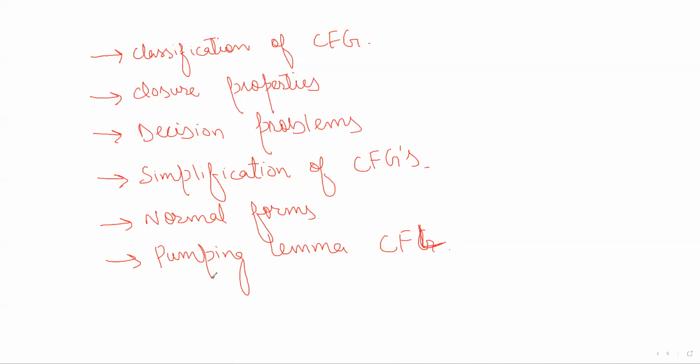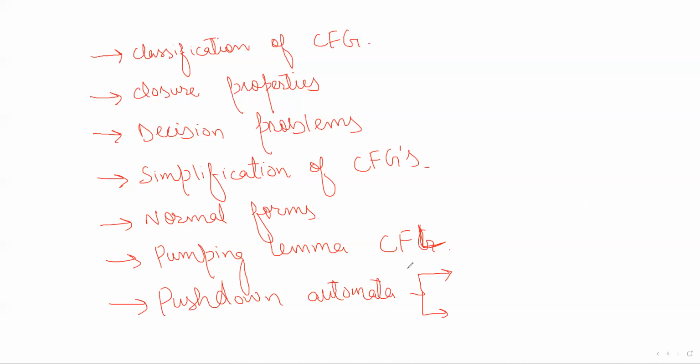The pumping lemma is used to prove that a language is not a context-free language. We will understand this pumping lemma, and we will also understand pushdown automata. Pushdown automata have two types, like finite automata, which have deterministic finite automata and non-deterministic finite automata.